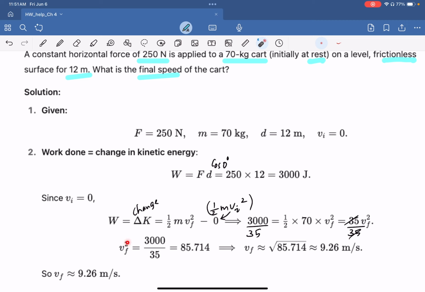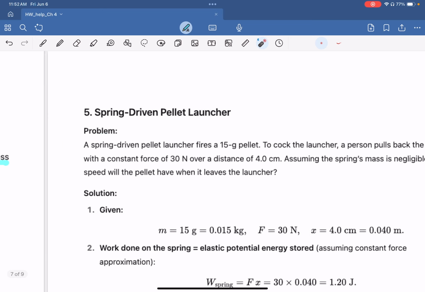And because it's a square, you have to take the square root on both sides. When you do that, you get 9.26 meters per second, which is the final speed of the cart. There you go. I hope that makes sense. Let's move to number five.